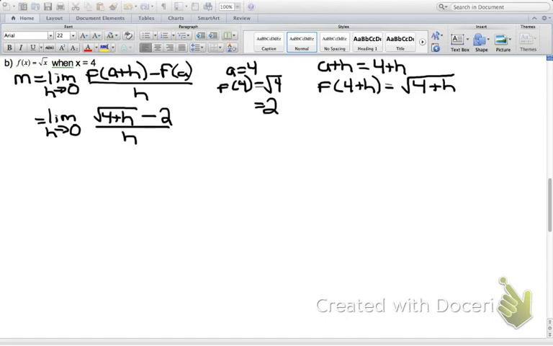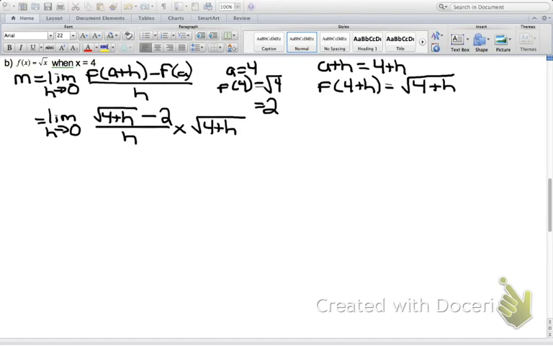So therefore, what we need to do is rationalize. In this case, we're going to rationalize the numerator so that we don't have our h in the denominator position to be 0, because we know that anything divided by 0 doesn't exist. So we're going to rationalize this. Remember, when we're rationalizing, we're going to multiply by the opposite of what is given.